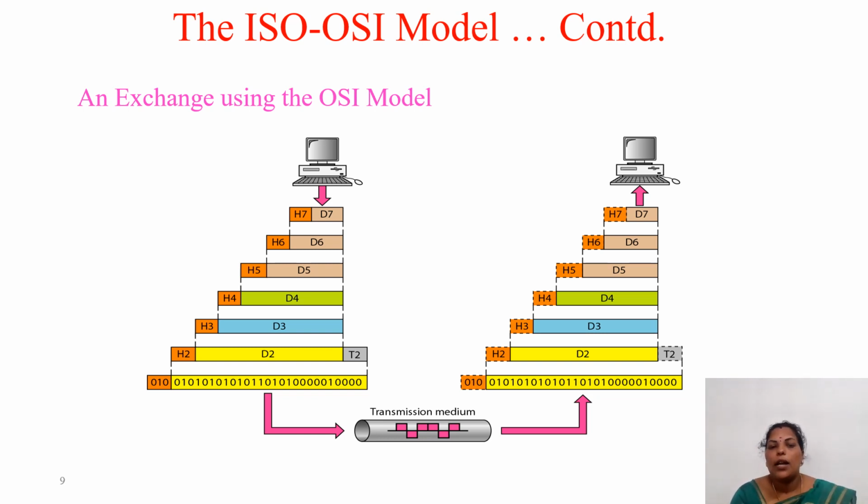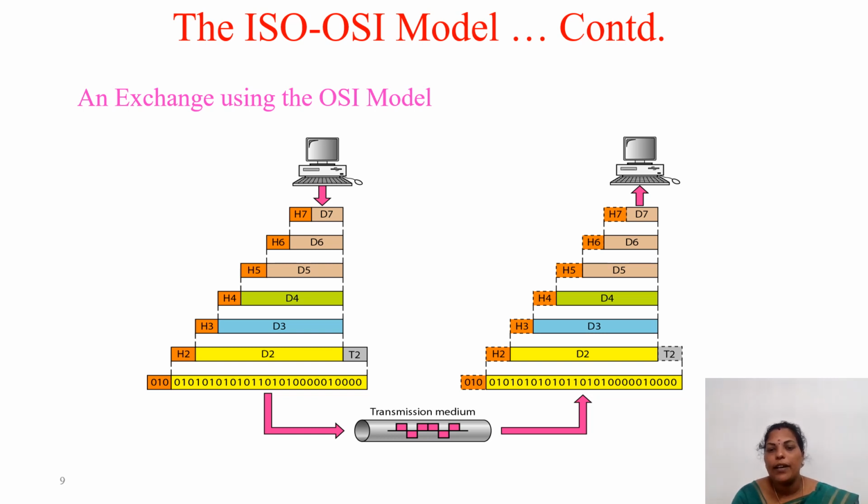Likewise, it goes on. But in the data link layer, in addition to the header, a trailer is also added. What is the purpose of the trailer? In order to provide error control, the trailer is provided. Then in the physical layer, everything is converted to bits, and these bits are passed on to the transmission medium.